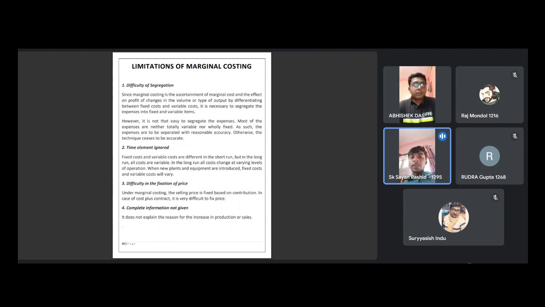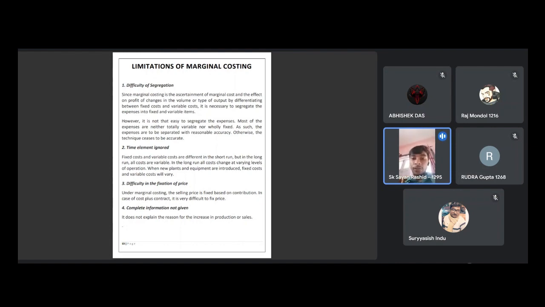Next slide contains limitations of marginal costing. Difficulty of segmentation. Since marginal costing is an ascertainment of marginal cost and effect on profit of changes in volume of output by differentiating between fixed cost and variable cost, it's necessary to segregate the expenses into fixed and variable items.